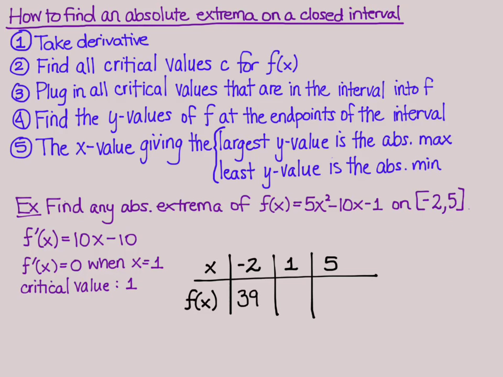We plug in for the y values in each case into the original function, and we're left with 39 for -2, -6 for 1, and 74 for 5. We notice then that the least y value happens when x is 1, so the absolute min is at 1. The greatest y value happens when x is 5, so the absolute max is at 5.